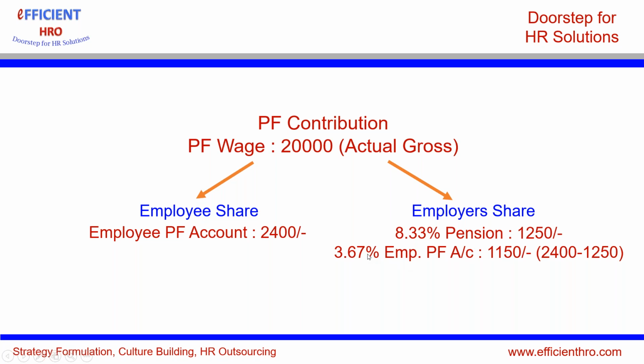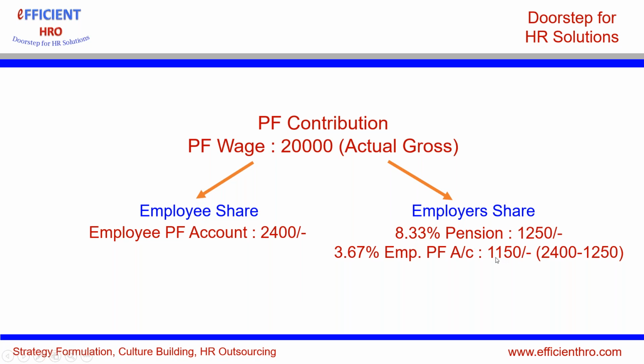Okay. So 2,400 minus 1250 will be more than 3.67%. Why more than 3.67%? Because in pension we had created the upper limit of 15,000. So as per the upper limit, 1250 is fixed. We can't contribute more than 1250 towards the pension account. So the difference between 2,400 and the pension amount will be considered as the employer's share.